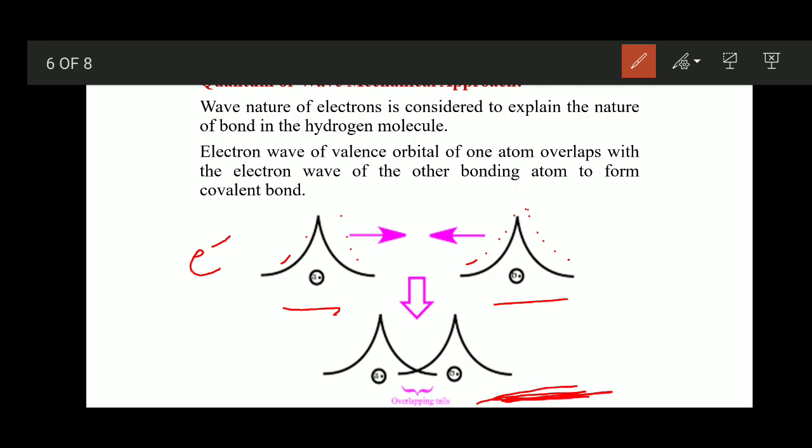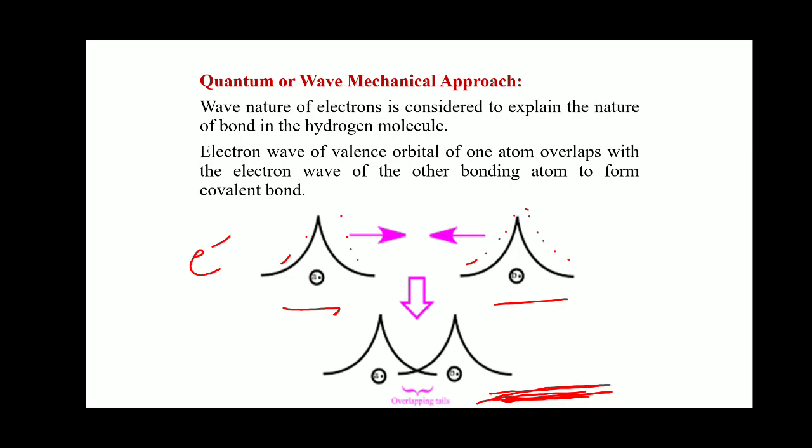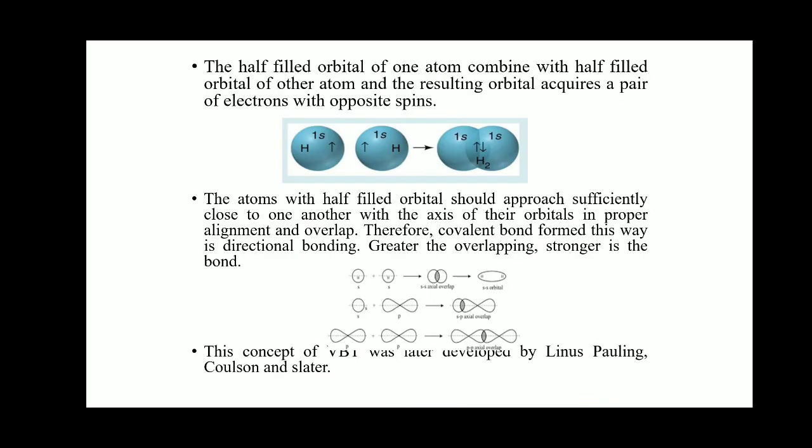There is an overlapping of electron waves, meaning two electrons form a covalent bond by sharing of electrons. So sharing takes place, overlapping of orbitals takes place, and here overlapping of electron waves takes place. This is the quantum or wave mechanical approach. The half-filled orbital of one atom combines with the half-filled orbital of another atom.